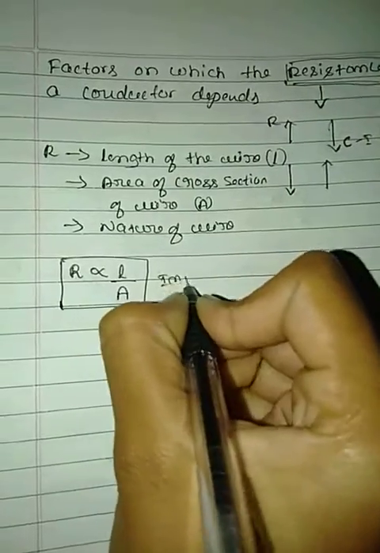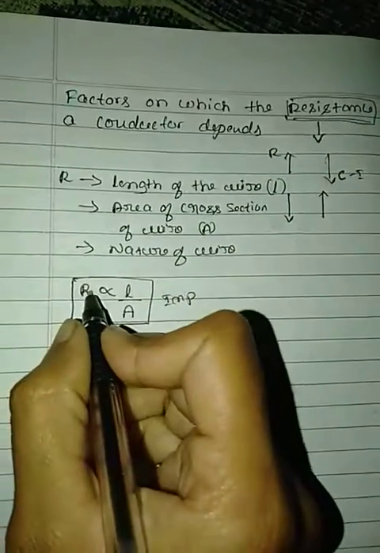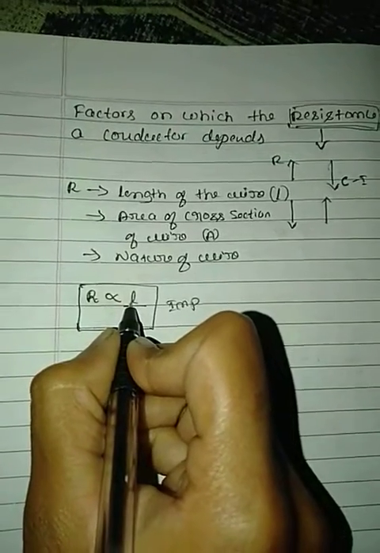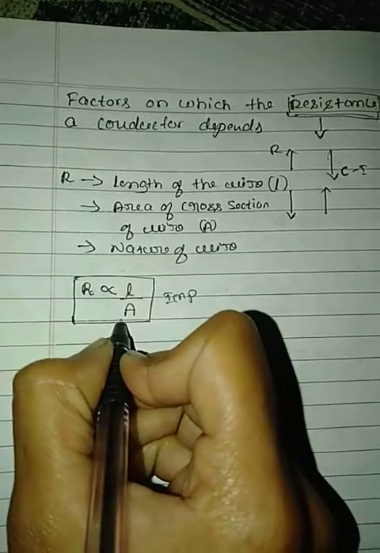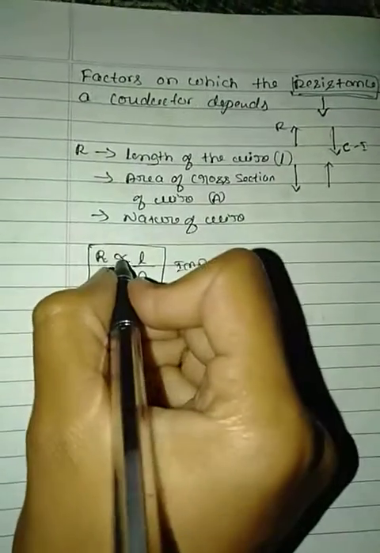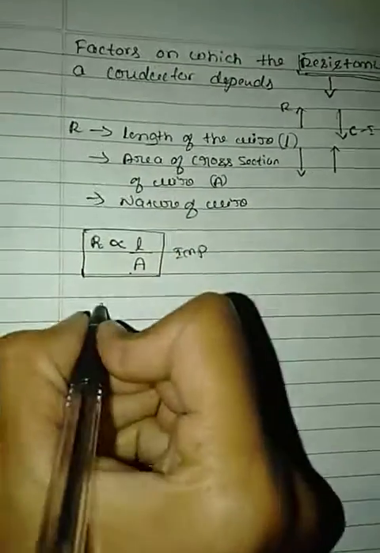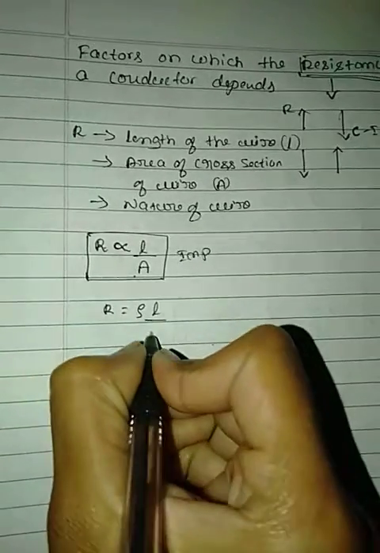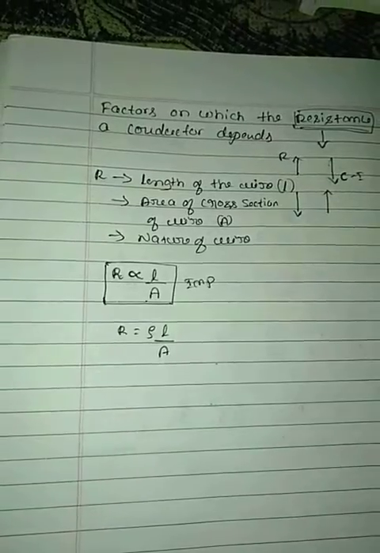When we remove the proportionality constant, we get R is equal to rho L divided by A.